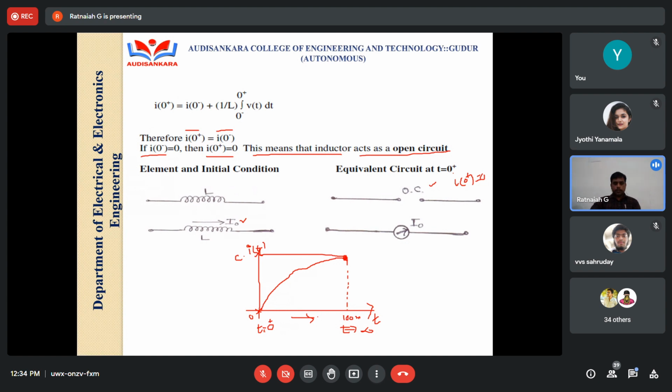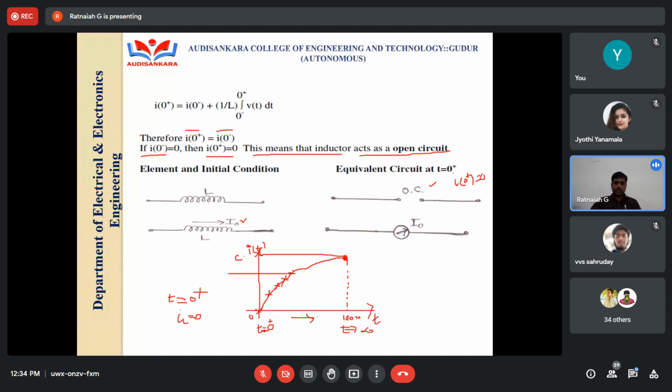So at T is equal to 0 plus, what is the current in the inductor? It has to be 0. So at T is equal to 0 plus, the current through the inductor, that means IL is equal to 0. Now keep on charging, hence the inductor is going to be charged.